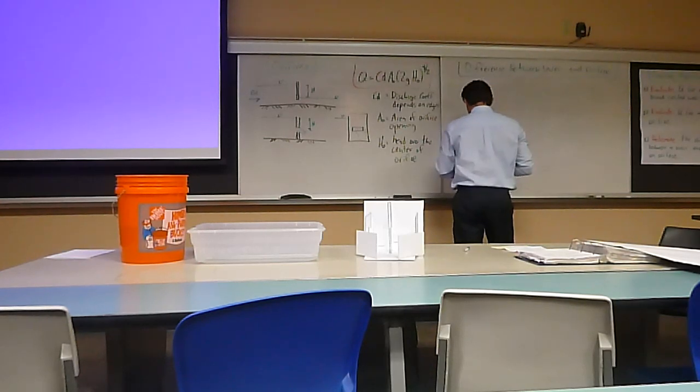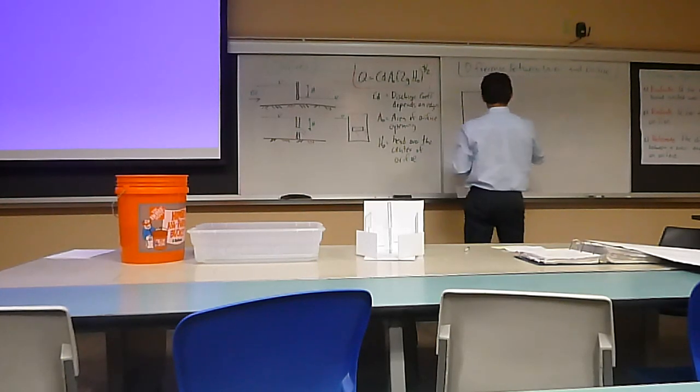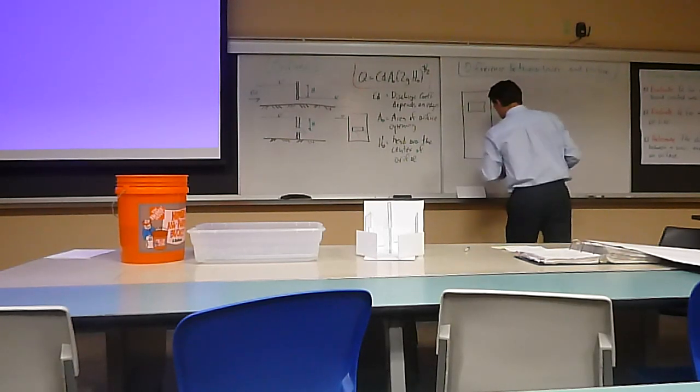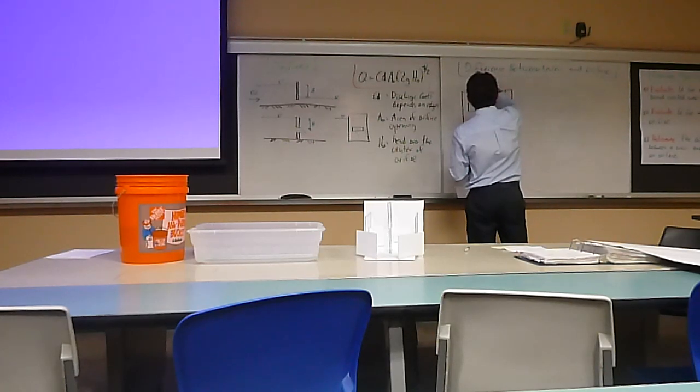What happens is, I'm going to draw the same exact structure 2 times. Okay, here's our opening. One is the view from downstream. And this is going to be the case for the weir.